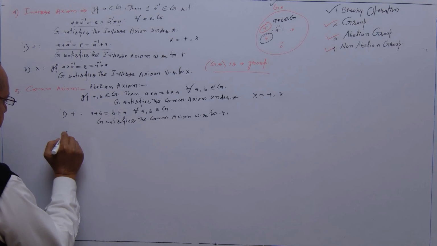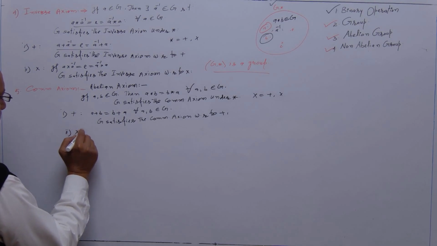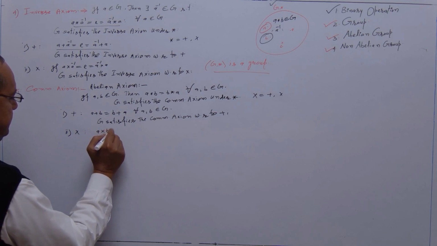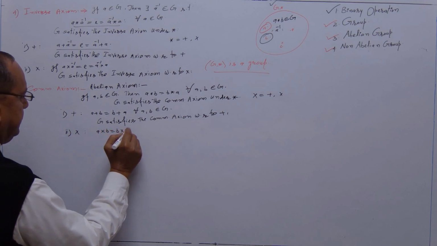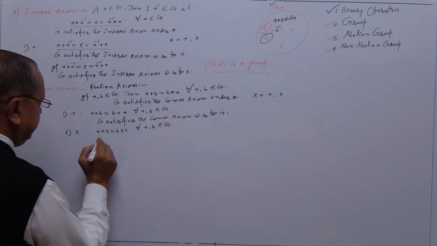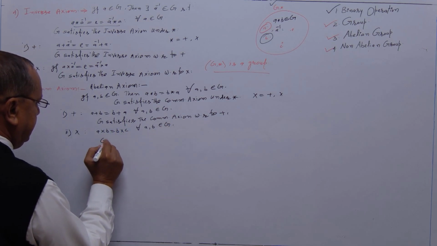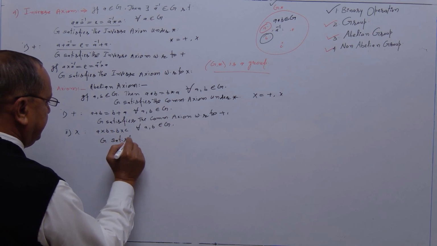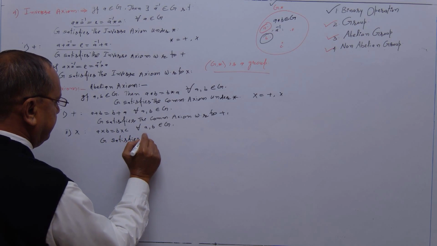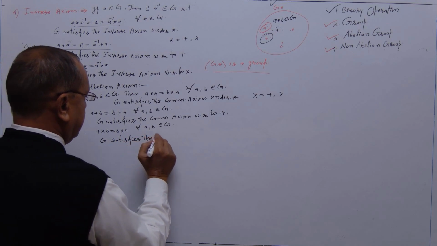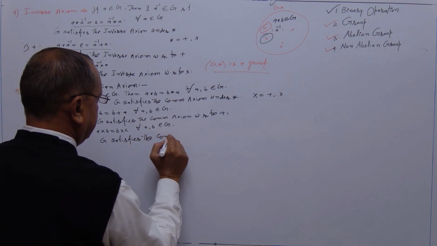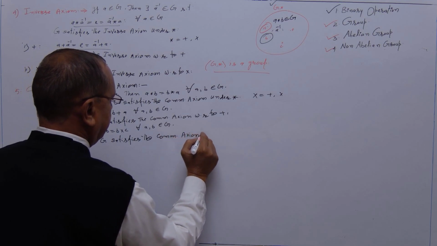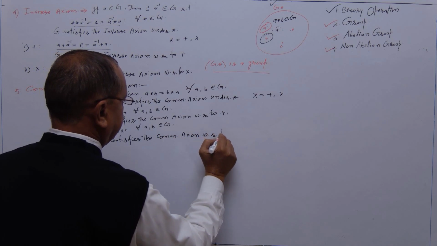In the same way, in the case of multiplication, A cross B must be equal to B cross A. It means this set G satisfies the commutative axiom with respect to multiplication.